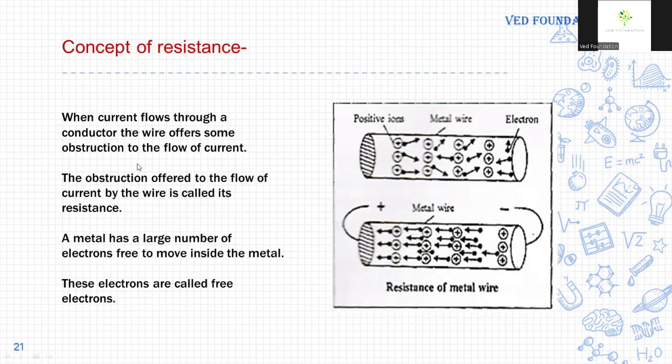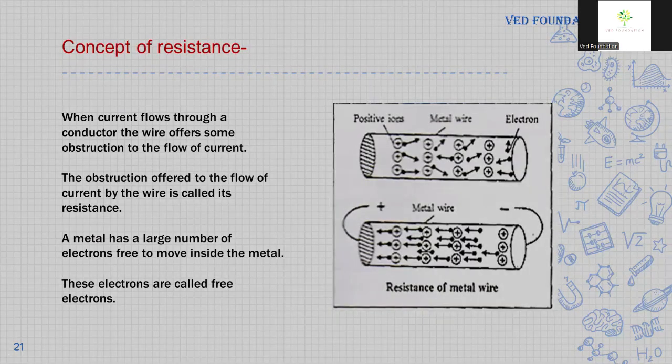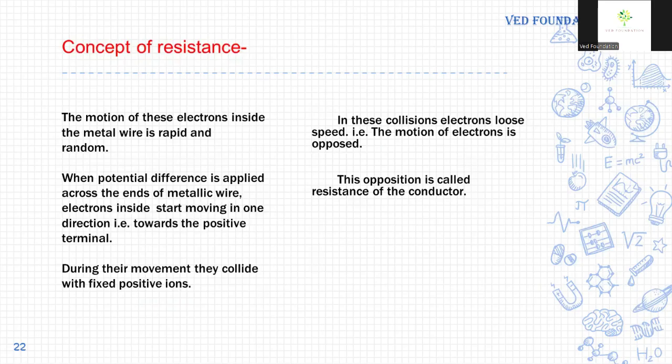When current flows through a conductor, the wire offers some obstruction to the flow of current. The obstruction offered to the flow of current by wire is called resistance. A metal has a large number of electrons free to move inside the metal, and these electrons are called free electrons. The motion of these electrons inside the metal wire is rapid and random.